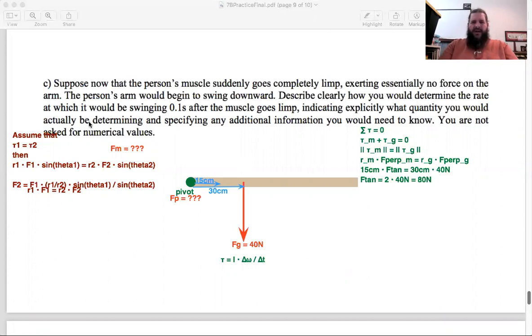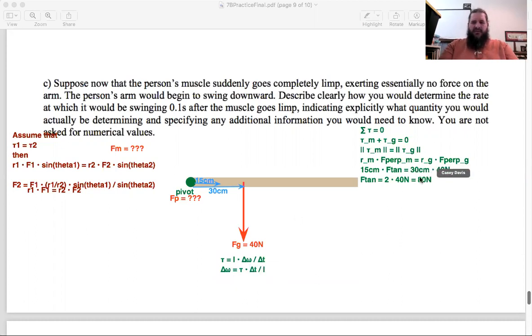And if we want to know the rate at which it would be swinging, that is just delta omega. So how would we isolate delta omega here? It should be delta omega equals tau delta t over I. Yeah, tau times delta time over moment of inertia.